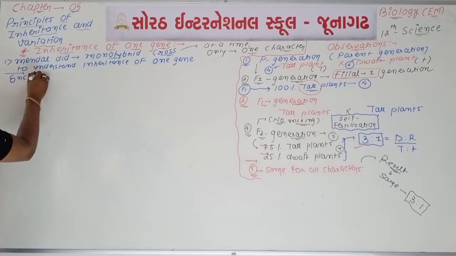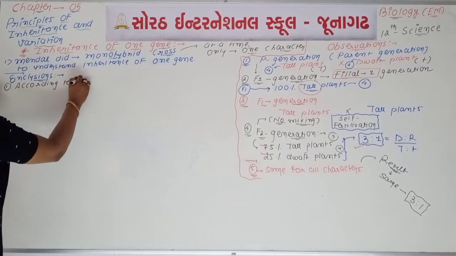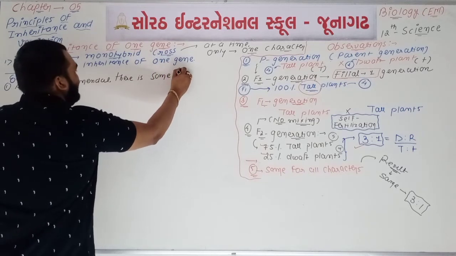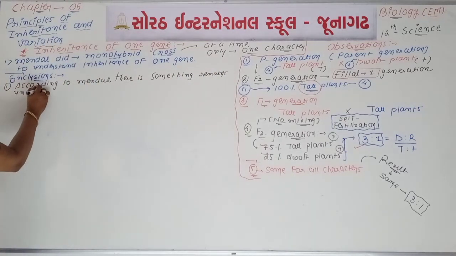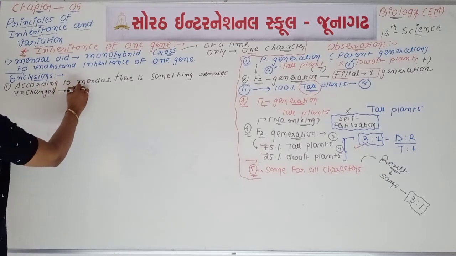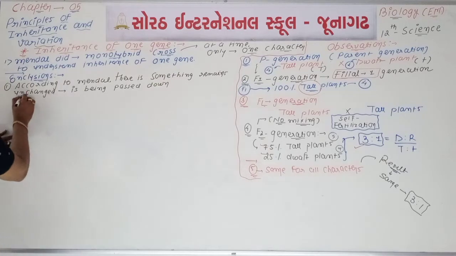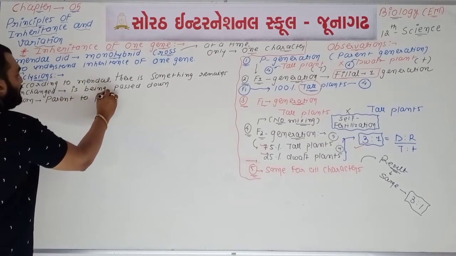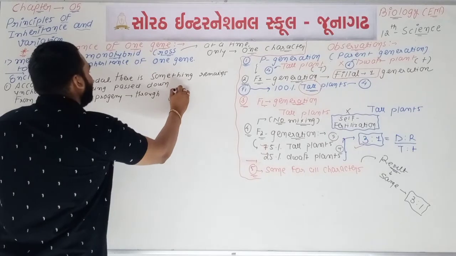So if we talk about the conclusions given by Mendel, the first point we can say is that according to Mendel, there is something that remains unchanged, is being passed down from parent to progeny through gametes.